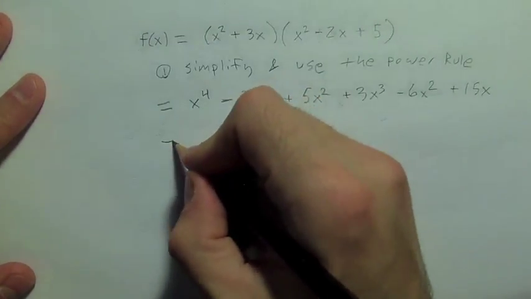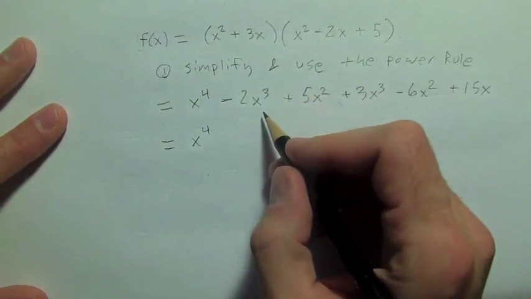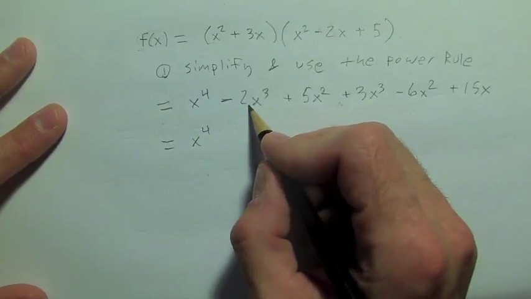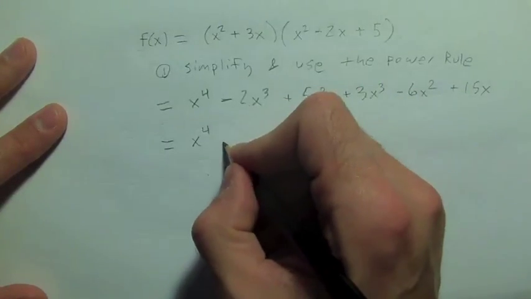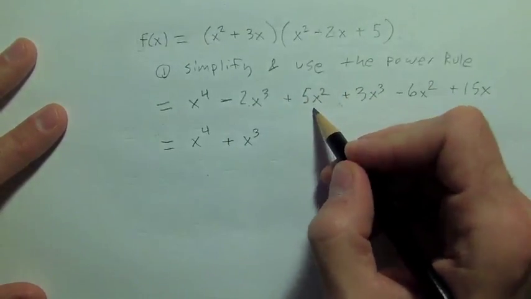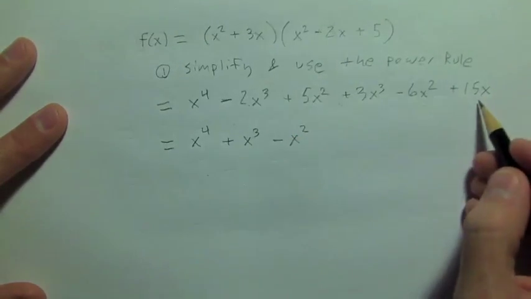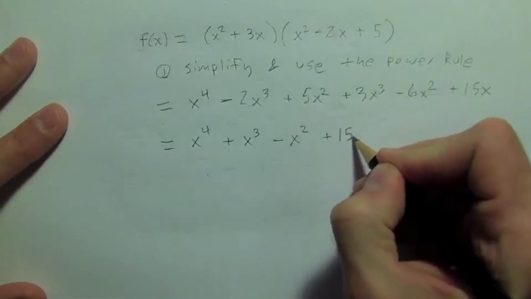Okay, and now I'll go ahead and combine my like terms. I've got x to the fourth, negative 2x cubed plus 3x cubed, so that's plus x cubed. Then I have 5x squared minus 6x squared, so that's minus x squared. And then a plus 15x.